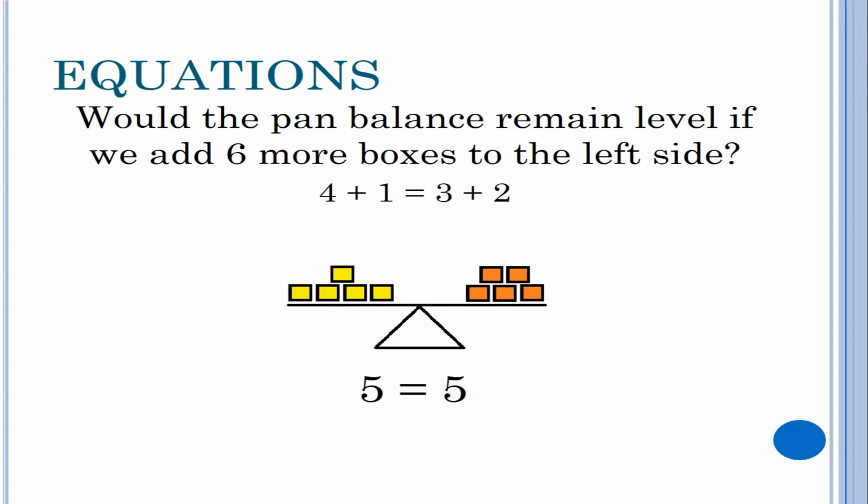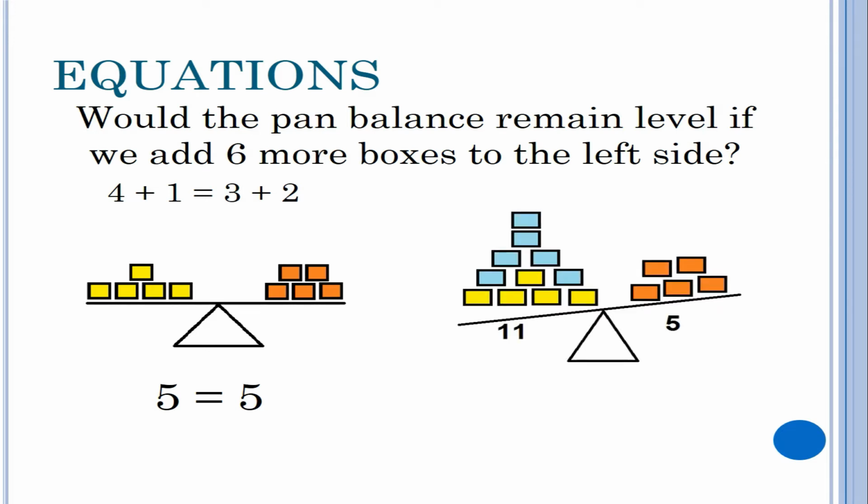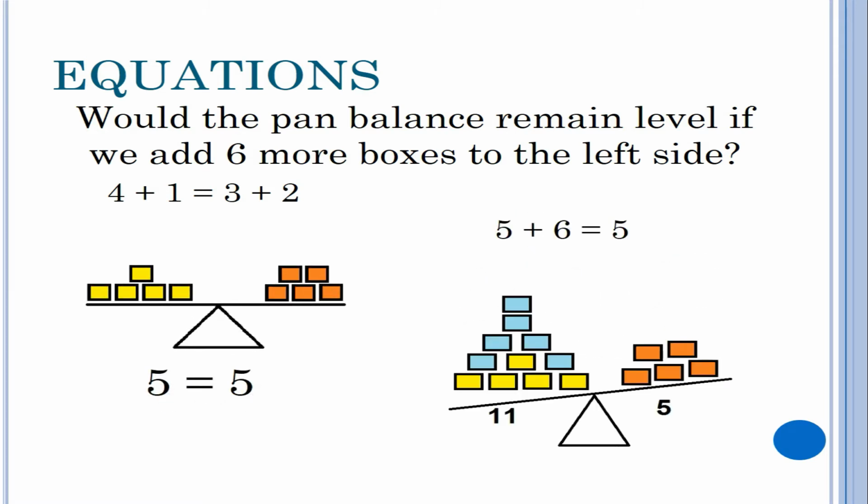Would the pan balance remain level if we add 6 more boxes to the left side? What do you think? Notice that the pan balance is heavier on the left side, and 5 plus 6 will not give us an answer of 5.